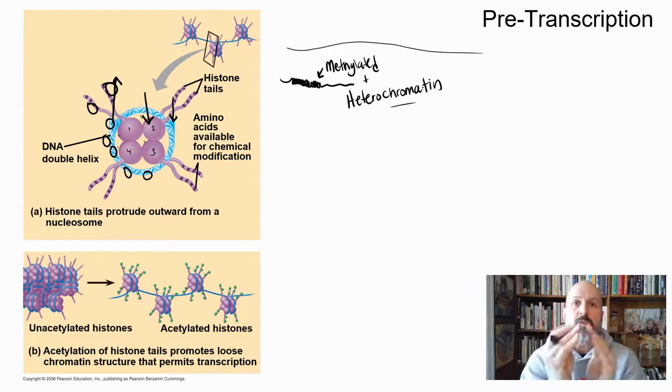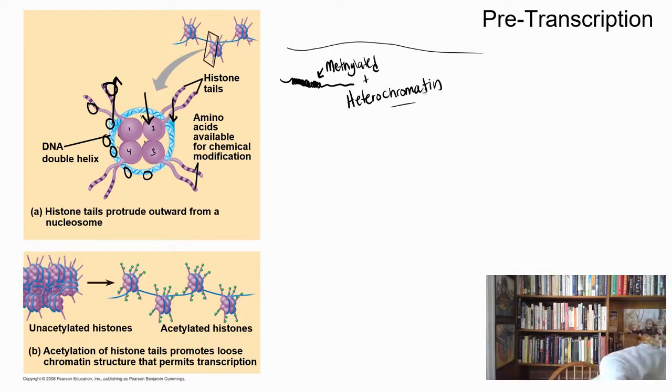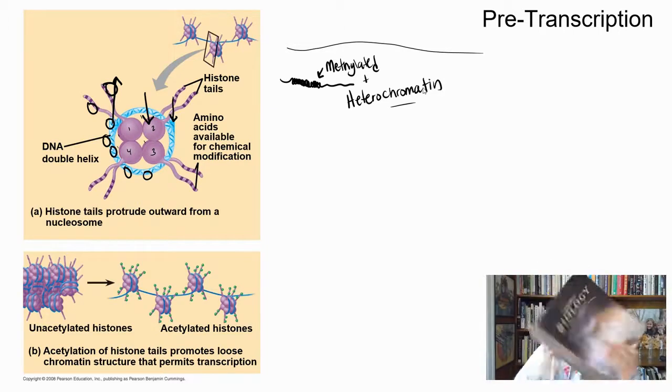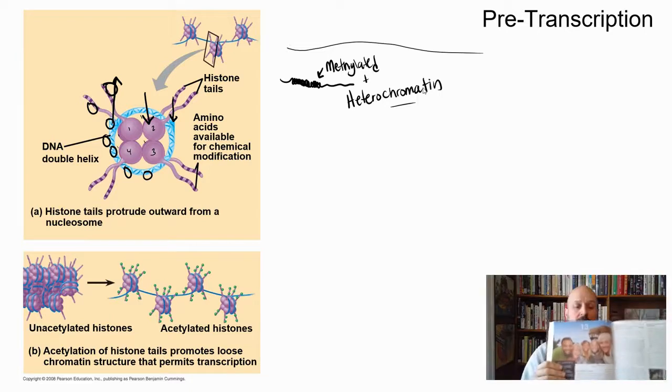Heterochromatin is like gluing chapters shut. I have your textbook right here, and if I were going to be a master at genetics, or if I was the genetic part of the body, here's the beginning of the genetics unit, right?